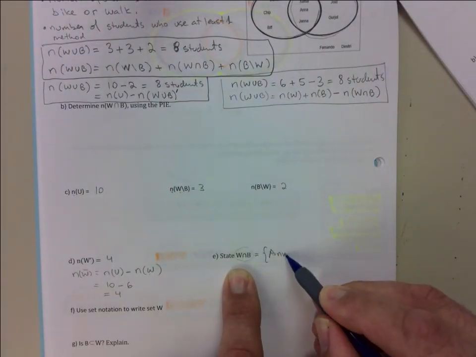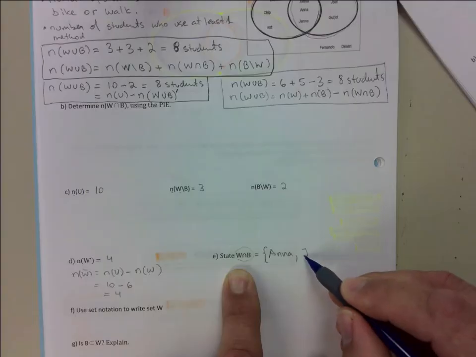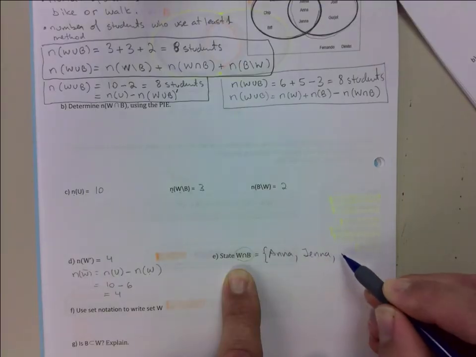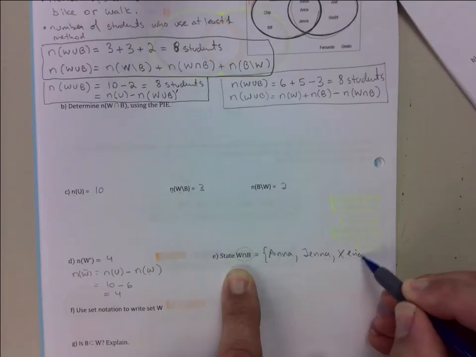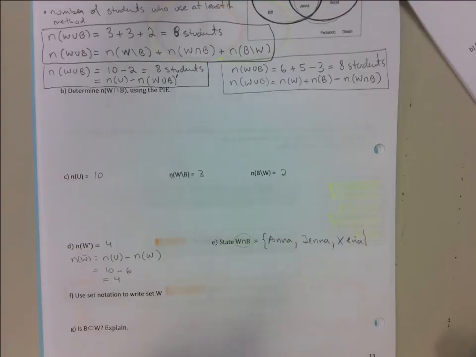So I would start with Anna, Jenna, and Xenia. Squiggly brackets. The province is picky on the squiggly brackets, so make something squiggly and I give you the marks, okay? Doesn't have to look pretty. But there it's asking for, hey, give me the actual elements that are in this set, right, in this region.